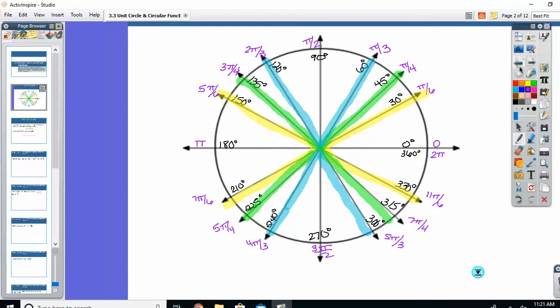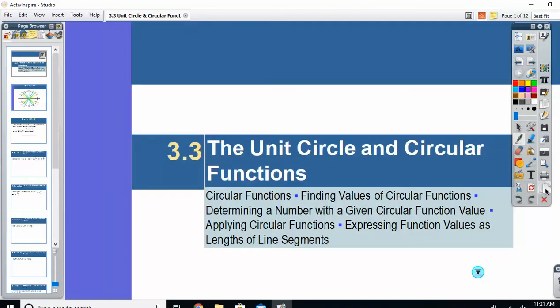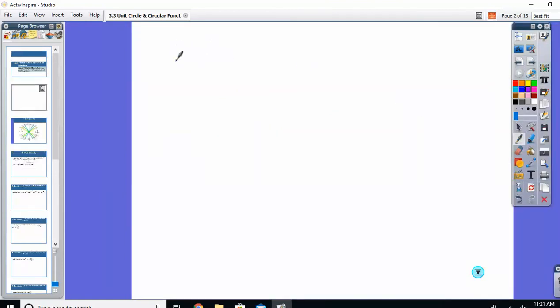Now, for a minute, I want to go back and think about the very first time you learned about trig functions. And we said, what was the definition of sine? Y over r. Cosine was x over r. If I am talking about this circle, we call it the unit circle.